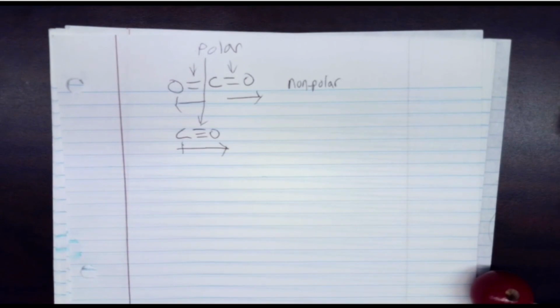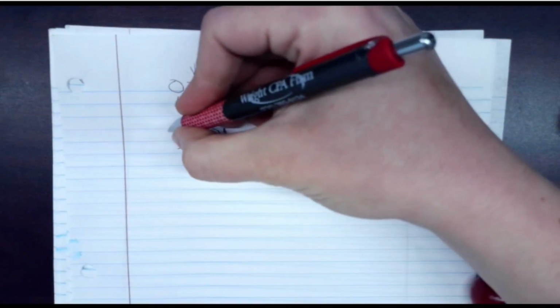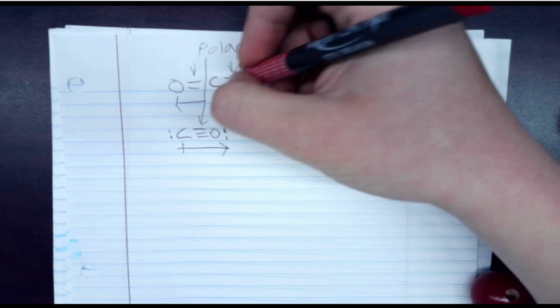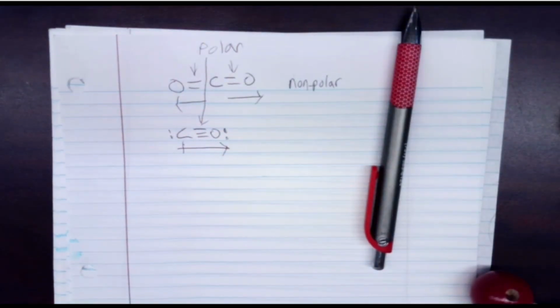And this then becomes, hey, this can now react with molecules. Carbon monoxide is particularly reactive because of its polarity. And this carbon monoxide readily binds to the iron in our hemoglobin. Oxygen binds to the iron in our hemoglobin.